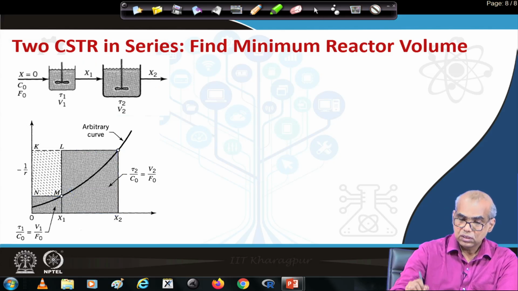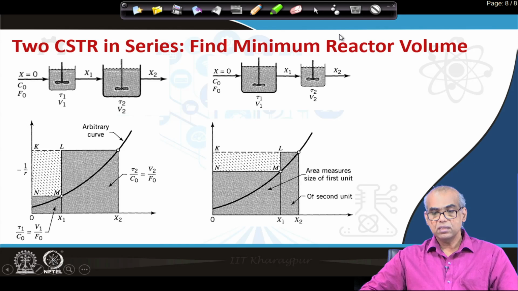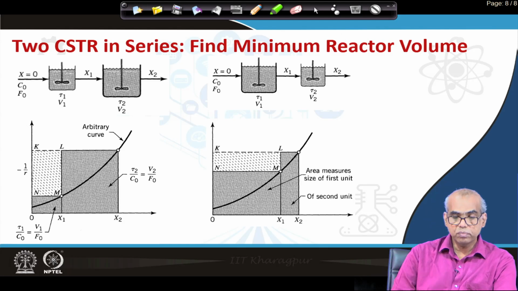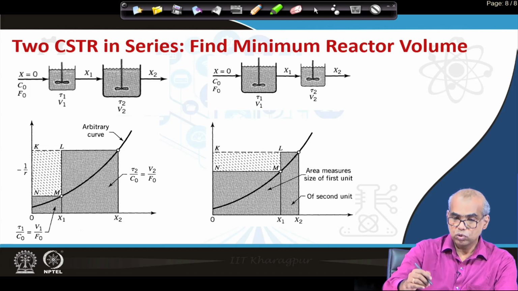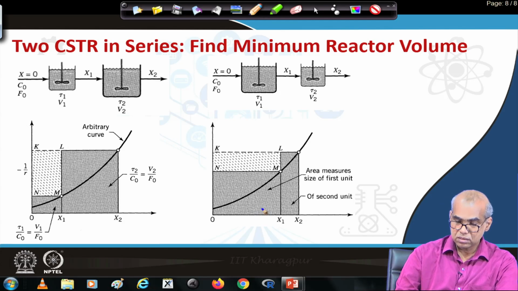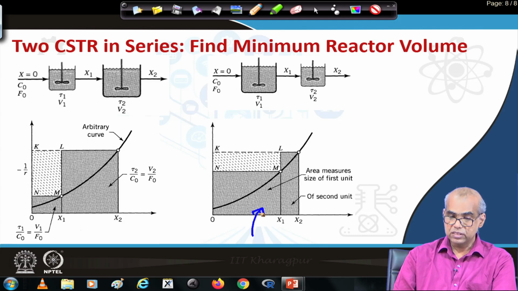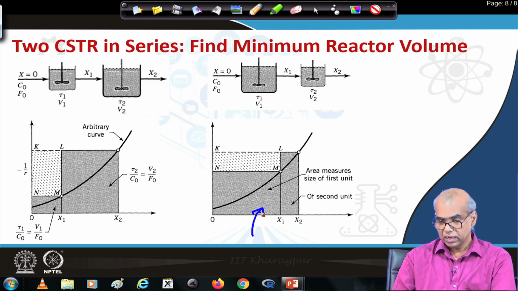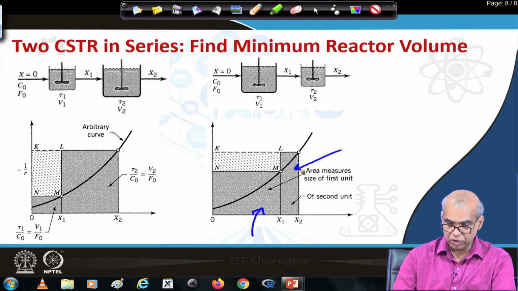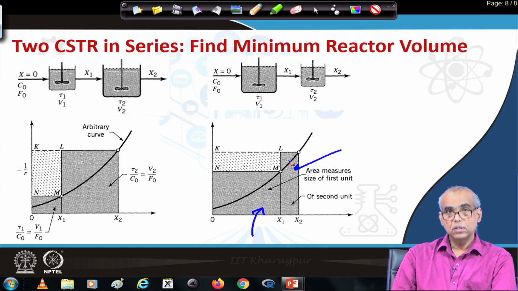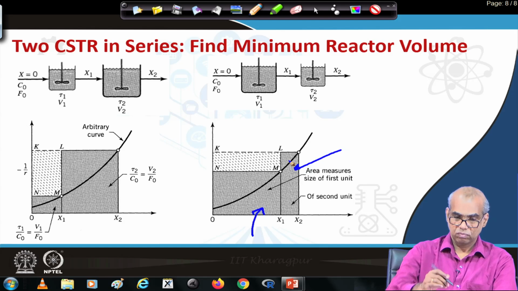Now, if I just reverse the order of these two reactors, so this shaded area OX1MN is a measure of V1 and this one is a measure of V2. Now, let us say we have to find out the minimum reactor volume.